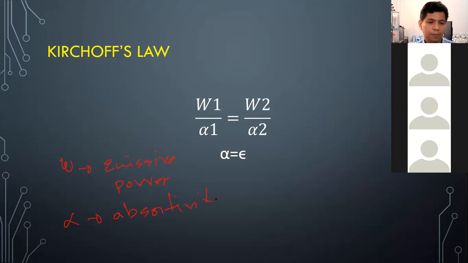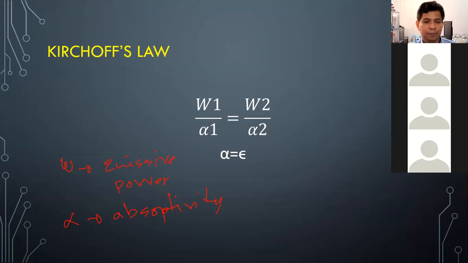Remember, alpha is absorptivity. There are three: transmissivity, absorptivity, and reflectivity. So alpha here. What Kirchhoff's law says is that the ratio of emissive power and absorptivity is constant. Okay? That's all. Just remember that, of a particular body.